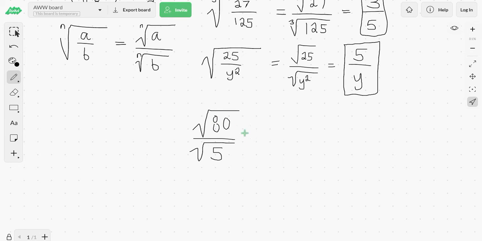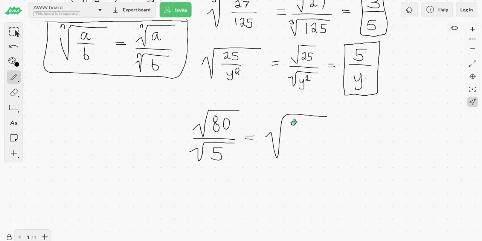From the rule that we developed, what we've got looks like the right-hand side of it, so maybe I'll box this for reference. What we've got looks like the right-hand side of this equation, but we can actually transform it into the left-hand side. We can write this as the square root of 80 over 5.